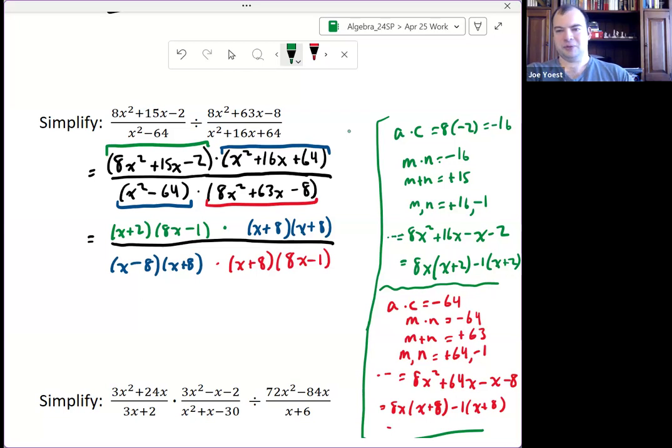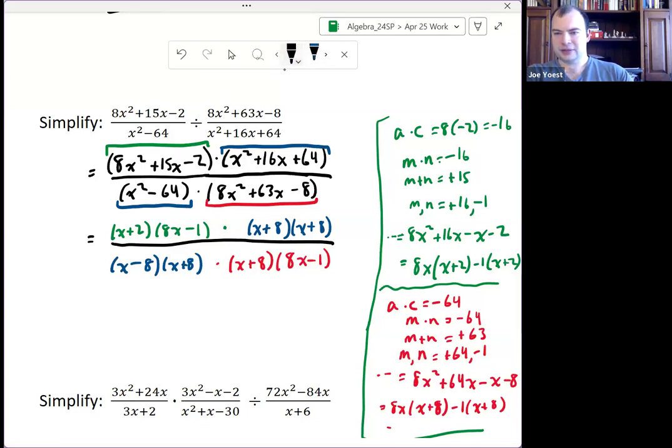And then the one that I've labeled red, this bottom right, 8x squared plus 63x minus 8, similar process. A times c equals 8 times -8, or -64. Looking for 2 numbers that multiply to -64 and add to +63. And I think that's plus 64 and -1. And again, I've shown some detail here for how this factors to x plus 8 times 8x minus 1.